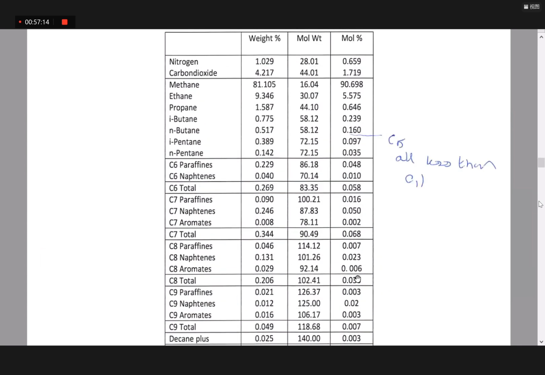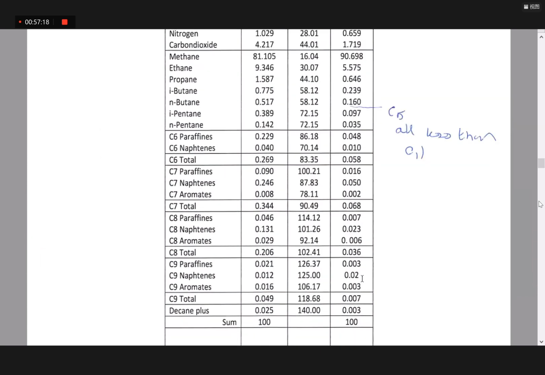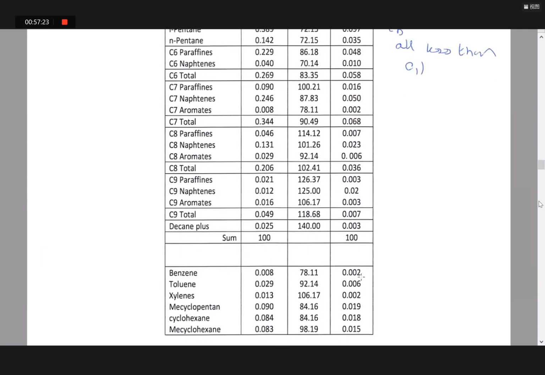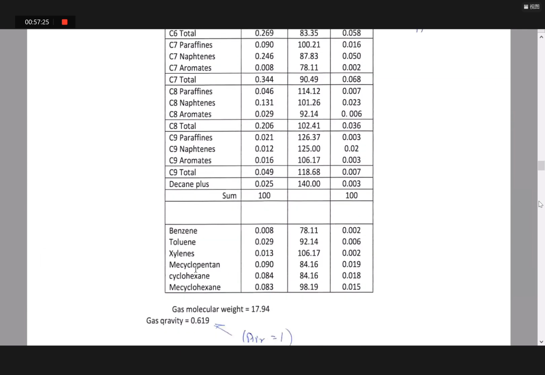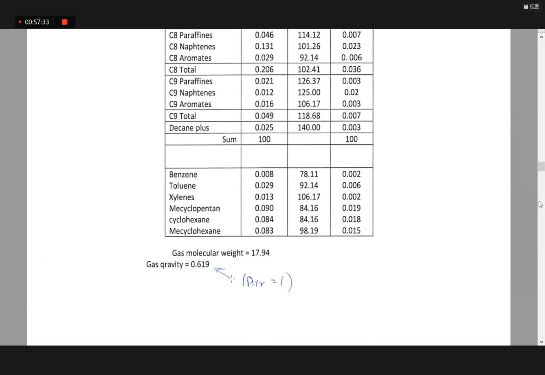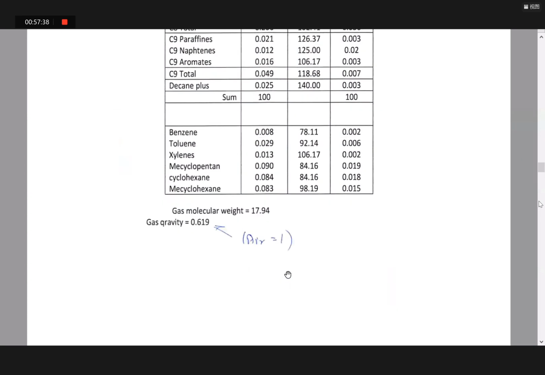Very small contribution of the components above C5, as expected. So the gas molecule weight can be measured or calculated, and the gas gravity could also be measured. Specific gravity of gas in the lab.